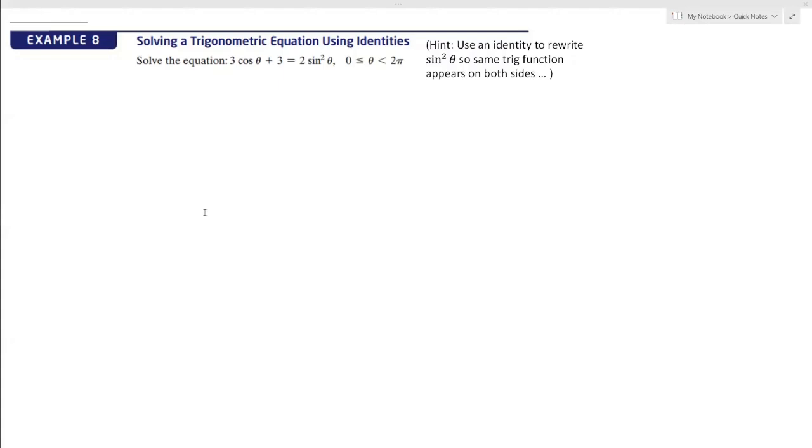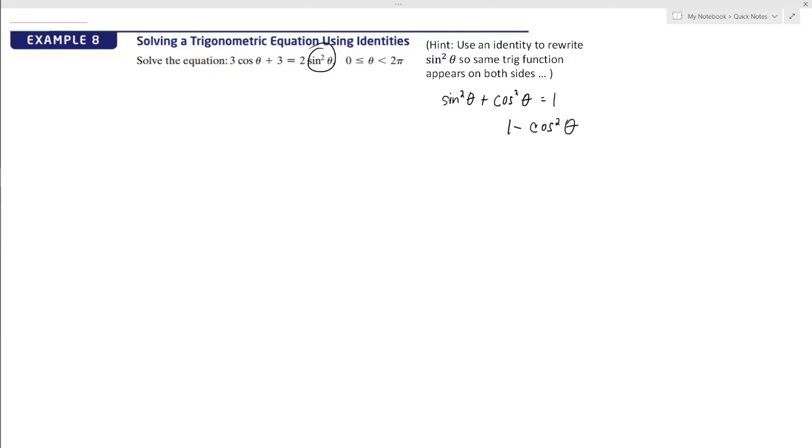Okay, so if we look at this one, it doesn't look like something that we've seen before, but it actually is, because if we remember the Pythagorean identity, sine squared theta plus cosine squared theta equals 1. So I can actually rewrite this sine squared theta as 1 minus cosine squared theta, right?